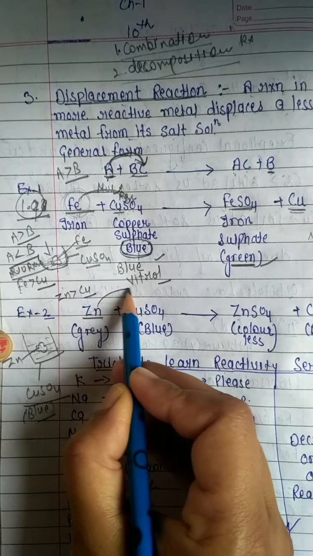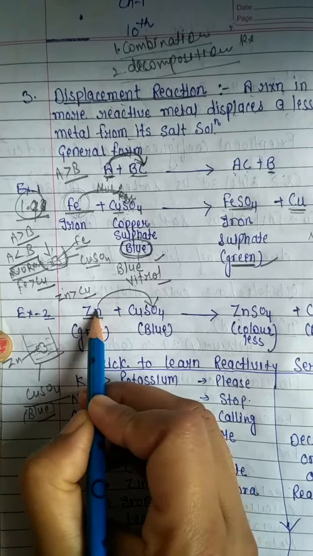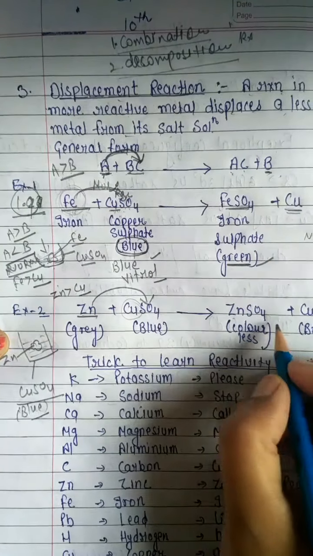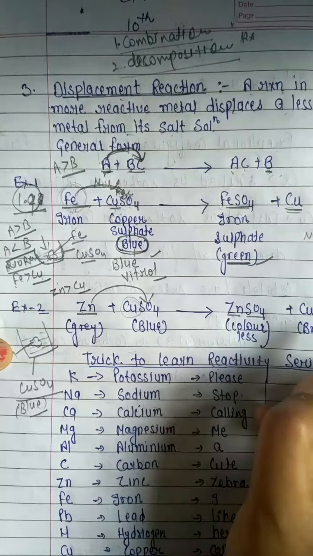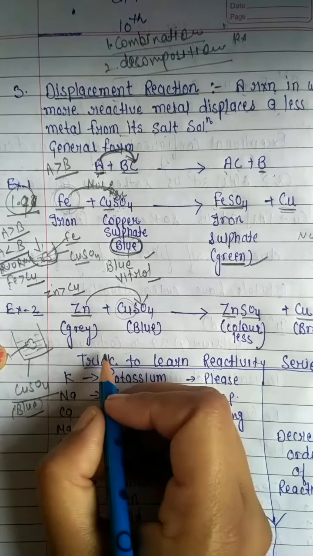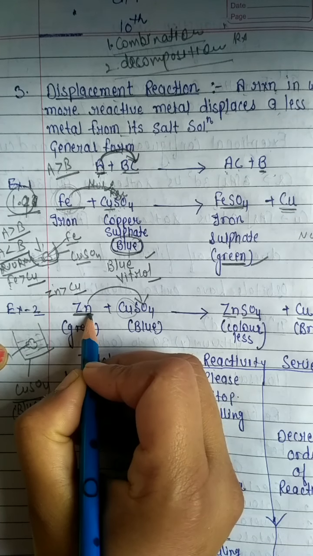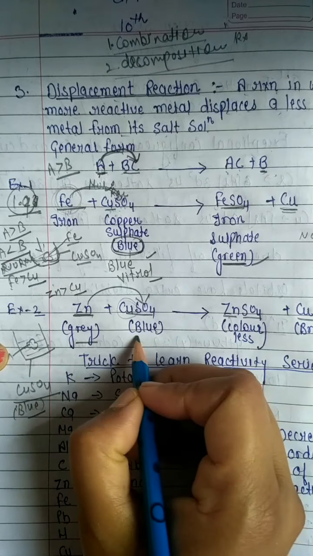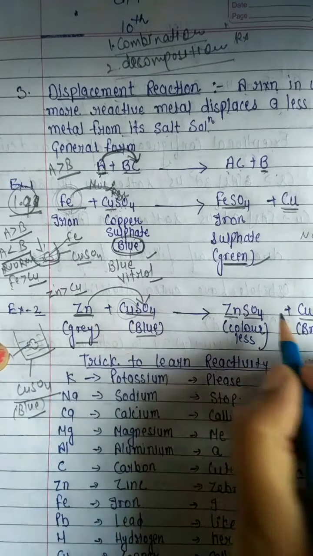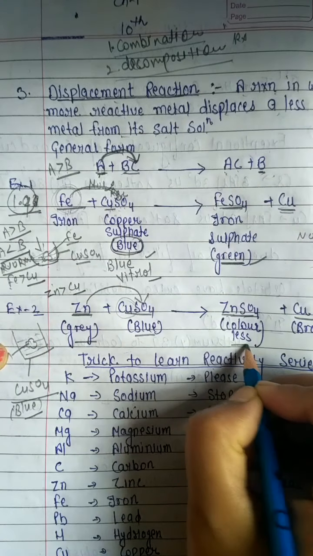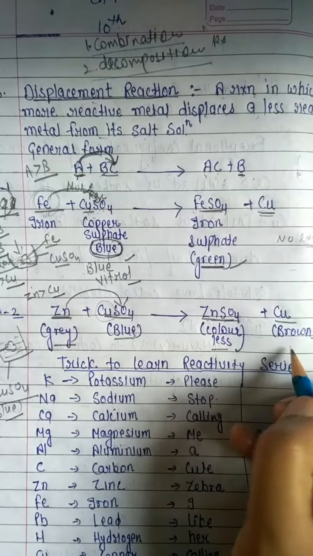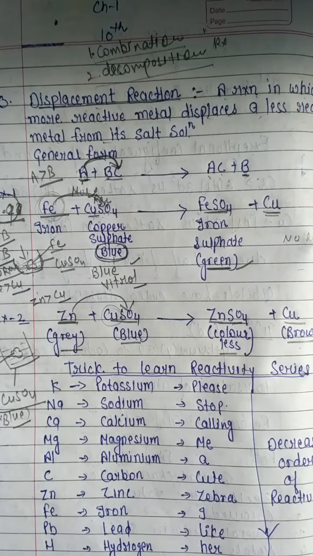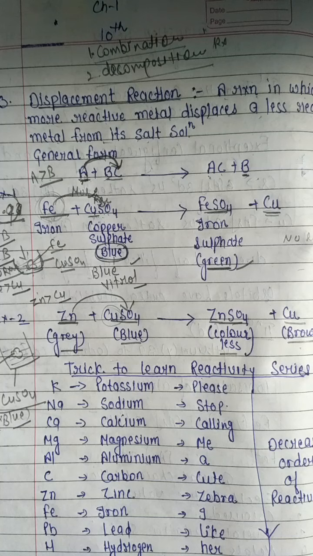Then it becomes zinc sulfate, ZnSO4, and copper is eliminated. The product becomes ZnSO4 plus copper. The color of zinc is gray, and the copper sulfate solution is blue. After the reaction, zinc sulfate becomes colorless and copper metal becomes brown in color. This is about the displacement reaction.